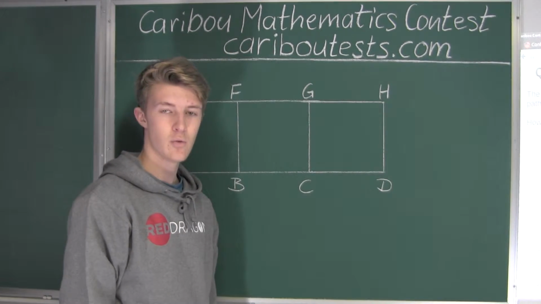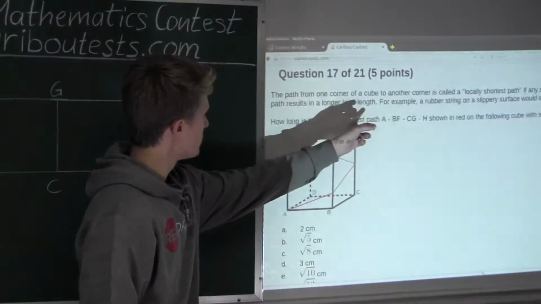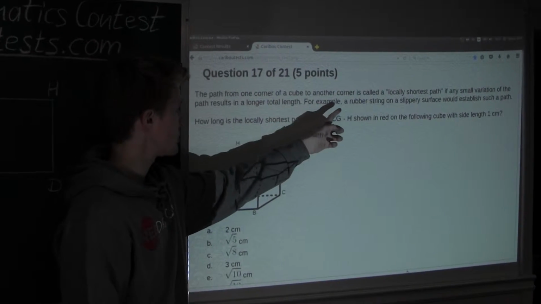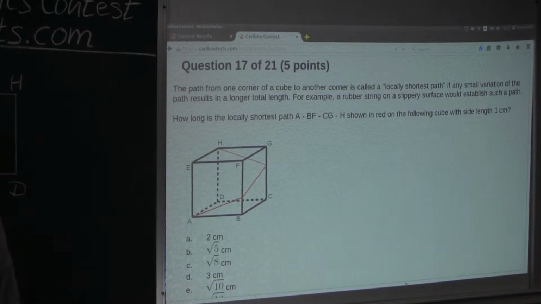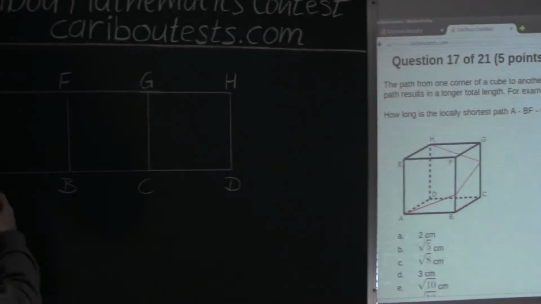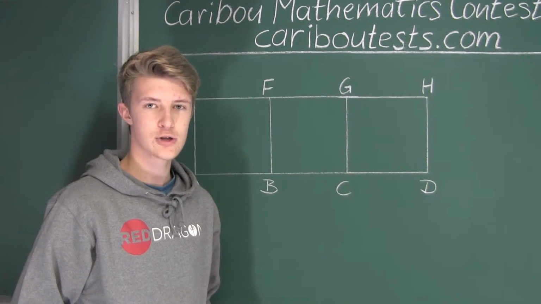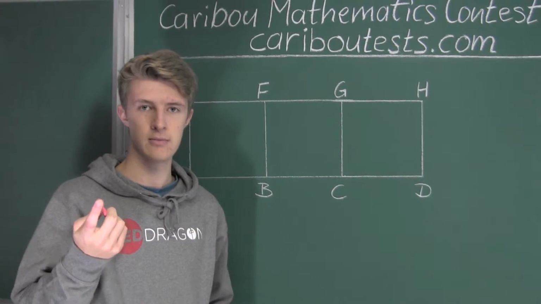But now, what we need to notice is that the question says the path from one corner of a cube to another corner is called a locally shortest path. So we need to think, what's the locally shortest path from one point to another given point?